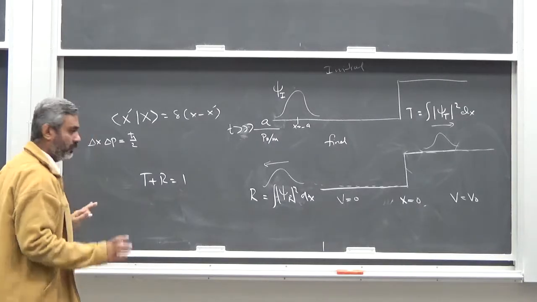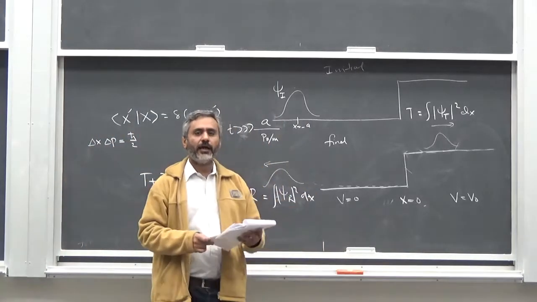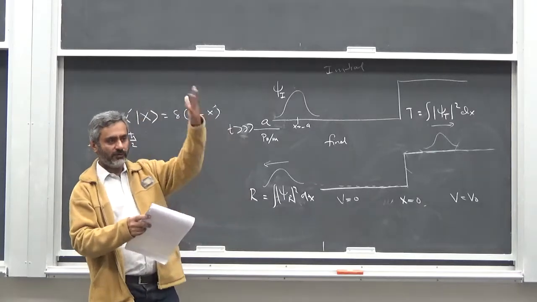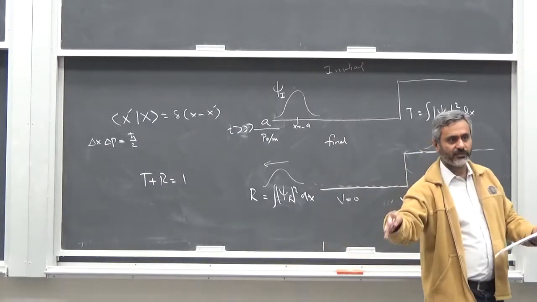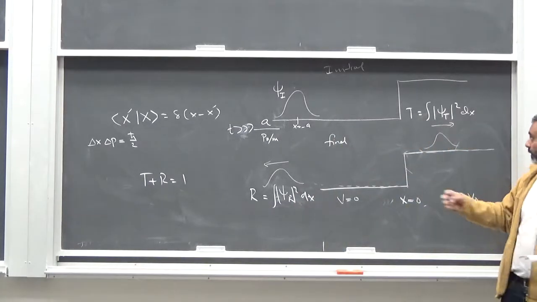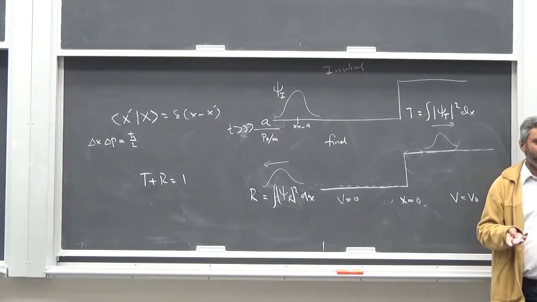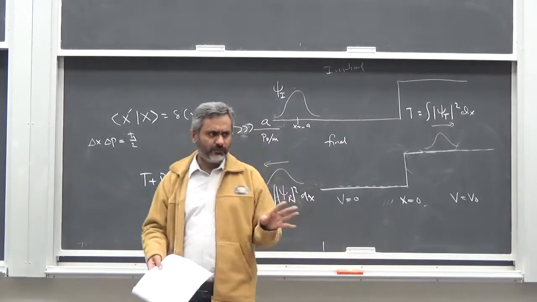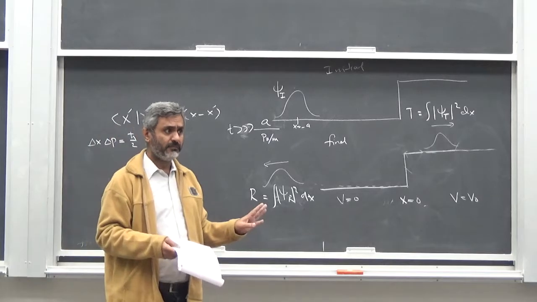So this was all good, the qualitative discussion, but how do you do these kinds of things? When I say we will evolve the wave packet, and the wave packet will come and strike the target, how do you do that in quantum mechanics? You know what happens in classical mechanics: you just have to run with the conservation laws, right?